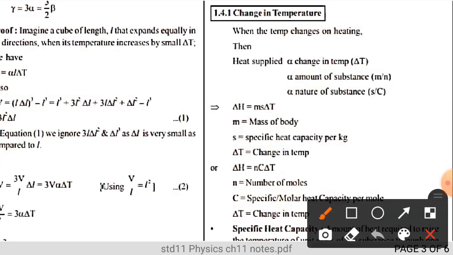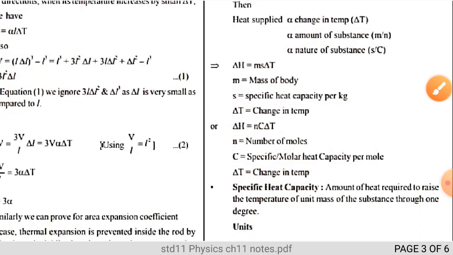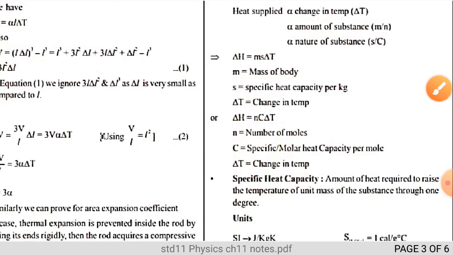We can also write another equation. In this equation we just make one change, that is C. What is C? C is specific molar heat capacity, which is per mole. All the other terms are the same.